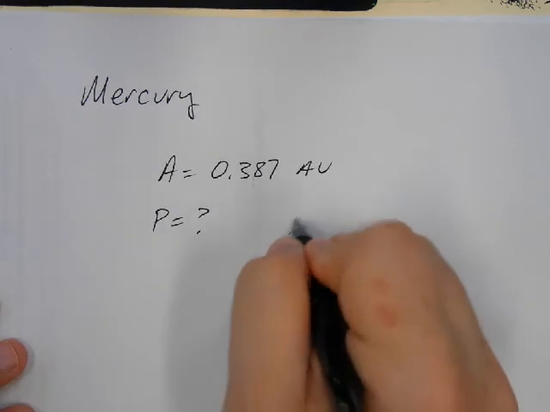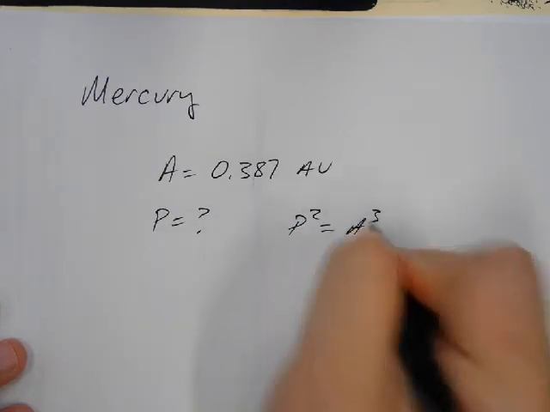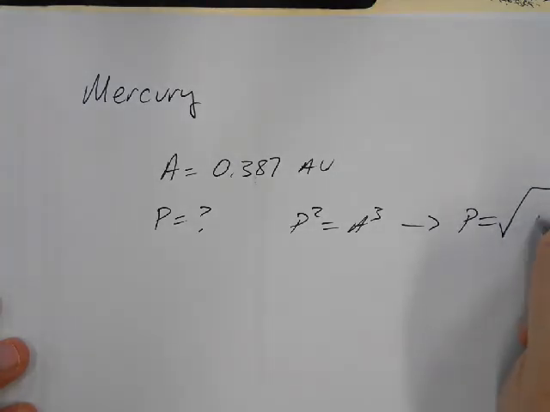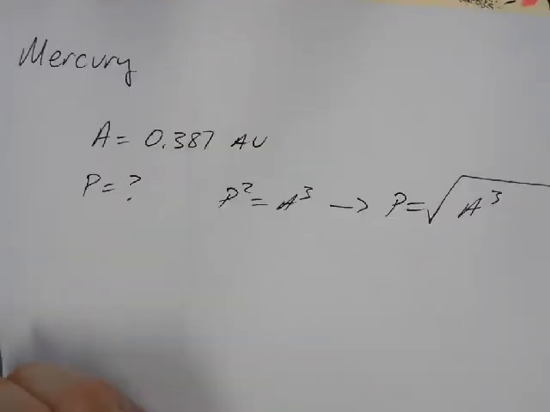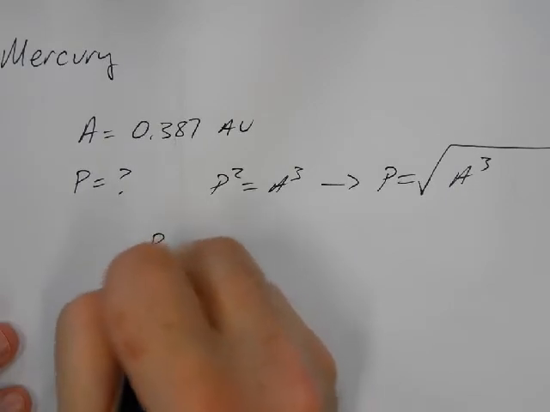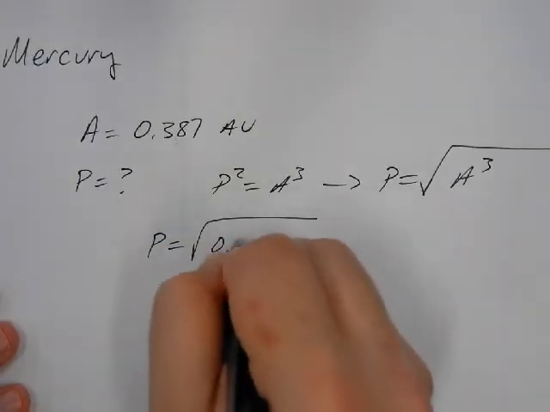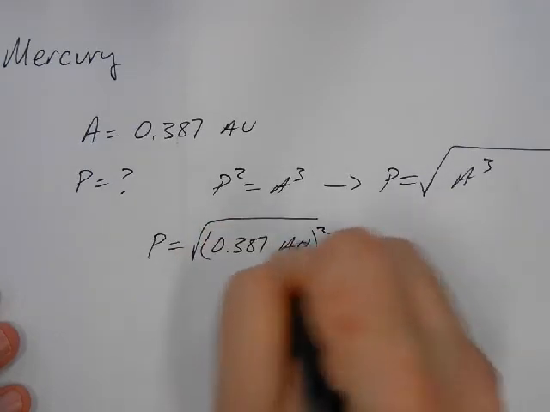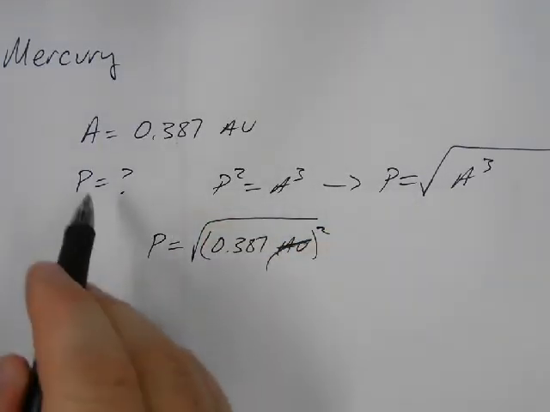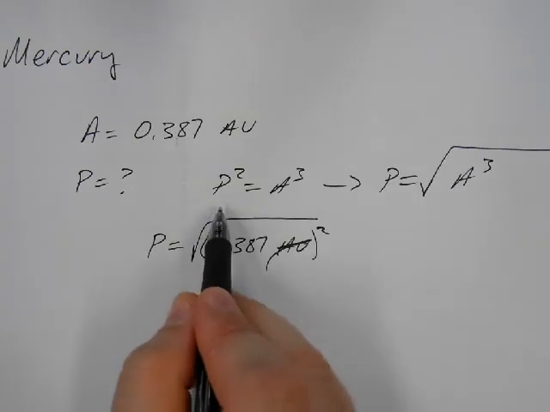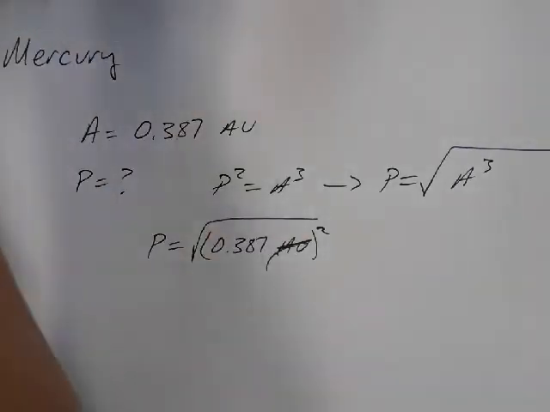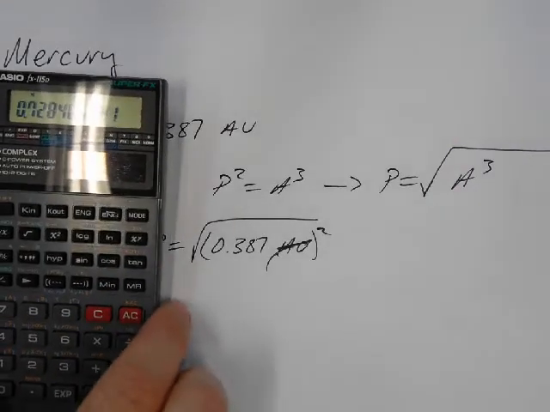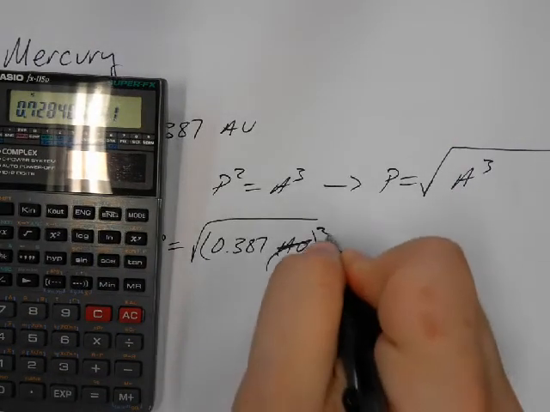Well, we have P squared is A cubed, so P is the square root of A cubed. Right. And so we can just plug in. P is the square root of 0.387 AU cubed. Now we ignore the units because, again, you have to put in years for the period and astronomical units for the distance.